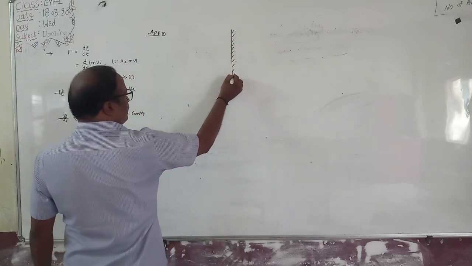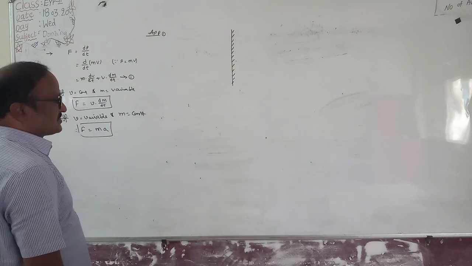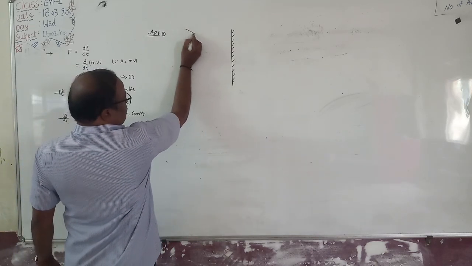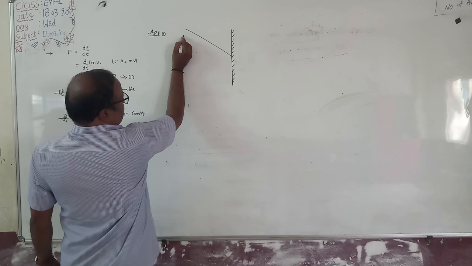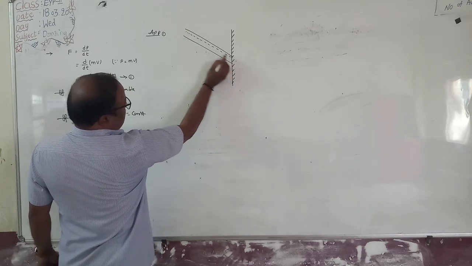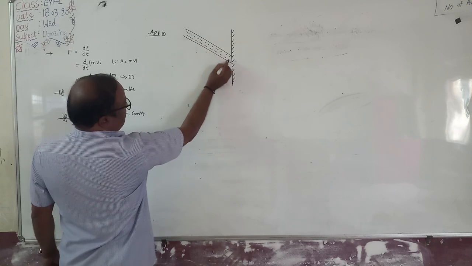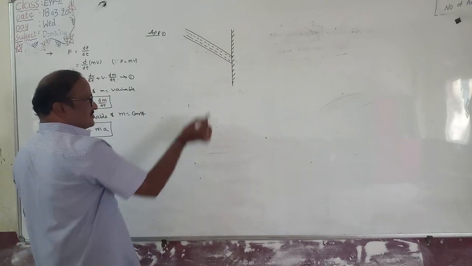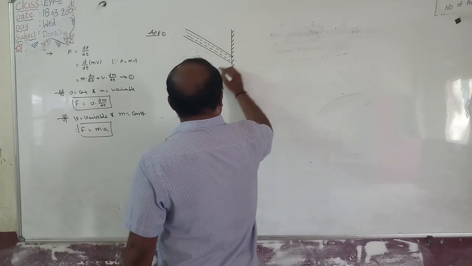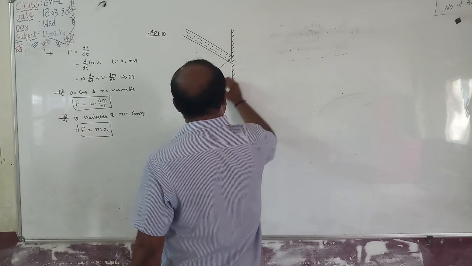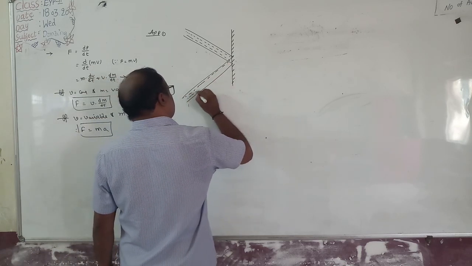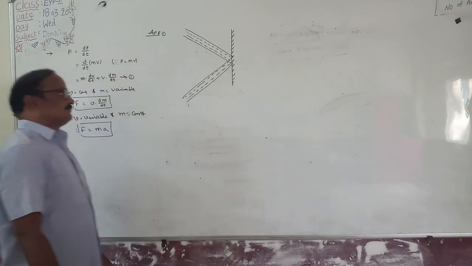And a jet of water strikes the wall. The jet of water flows in the form of a cylinder. This jet of water strikes the wall and rebounds along this direction. This is the rebound of the water.